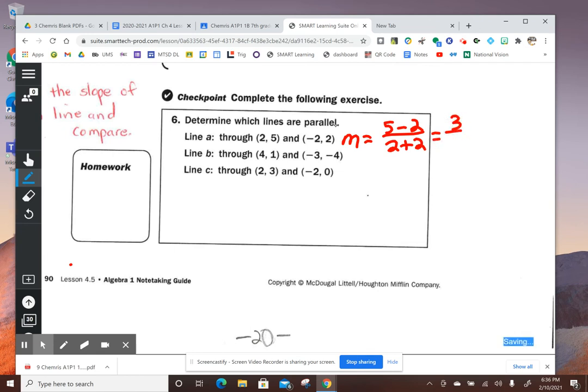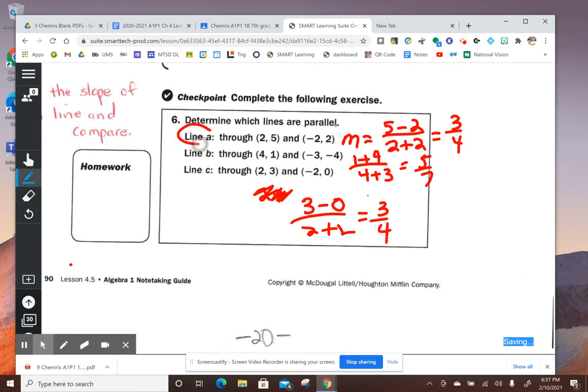So it's 3/4. The slope for line B would be 1 minus negative 4 over 4 minus 3. So that's 5/7. And line C is 3 minus 0 over 2 minus negative 2. So that's 3/4.